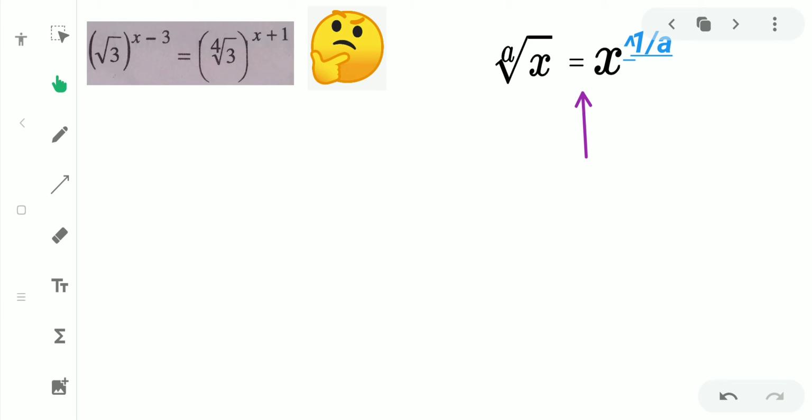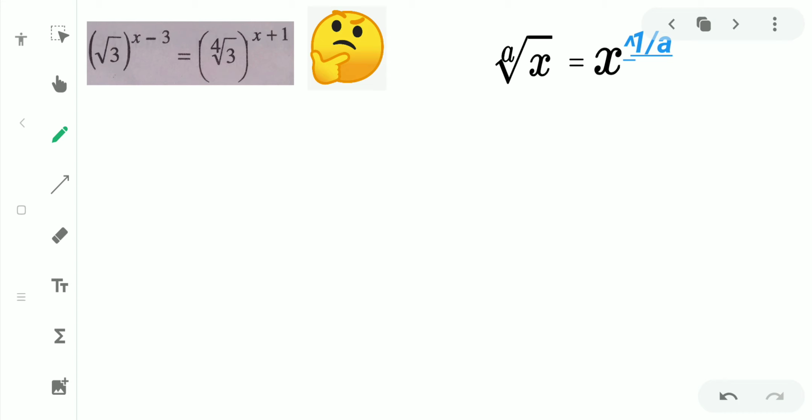root 3 power x minus 3, as I have said in the previous question. We will have nth root of x is equal to x power 1 by n. A root of x, we will have x power 1 by a.